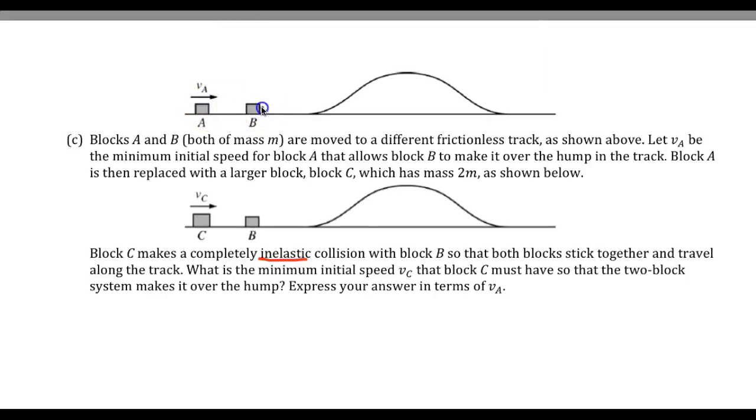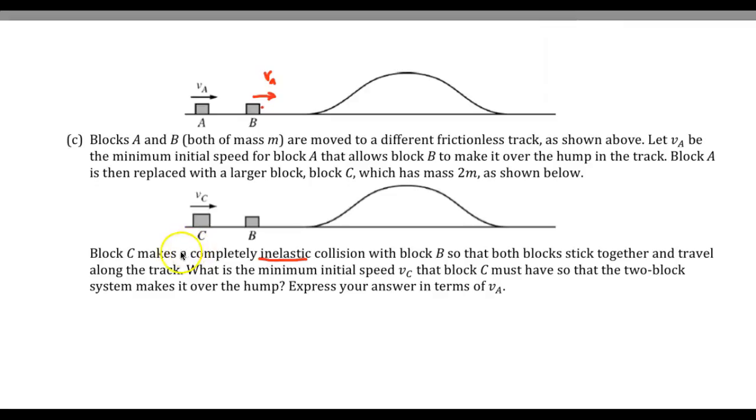If A collides with B, B will then begin moving at VA, and it will barely make it over the hump. So we know that the minimum speed to get over the hump is VA, right? Okay, so let's take a look at what's happening here.